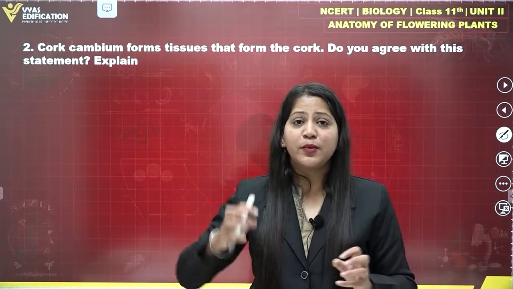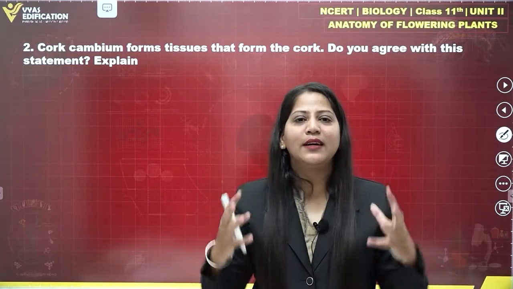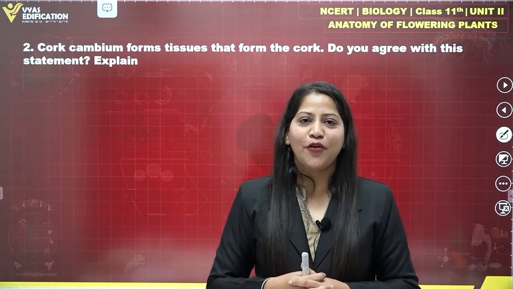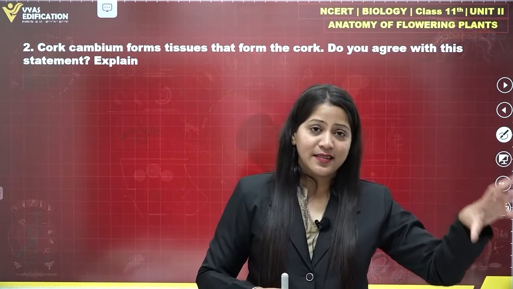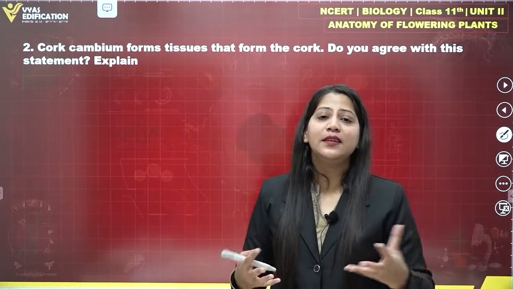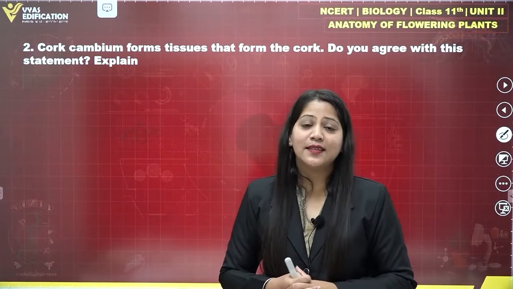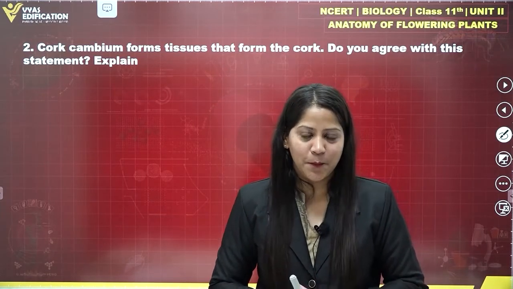The cells present on the outer side form a protective layer of cork, also known as phellem, while the cells on the inner side form another type of tissue, the secondary cortex, also known as phelloderm.